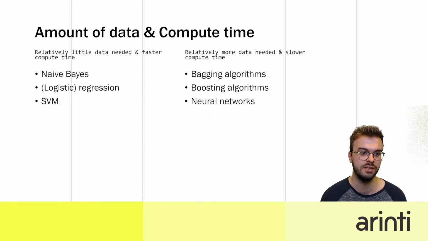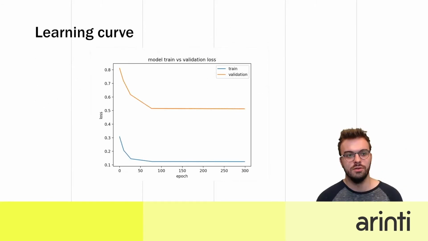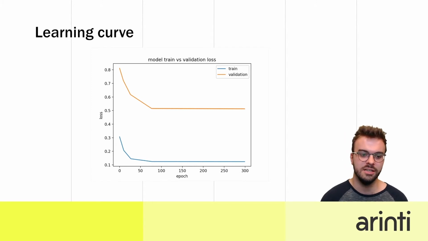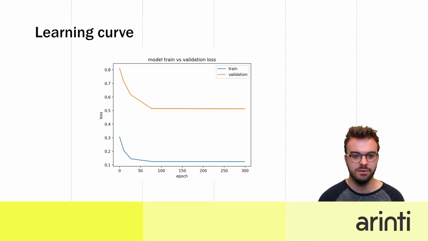models that work fairly well with relatively little data, it's always a good idea to fit a learning curve. Usually this is done in the context of deep learning, where you look at your train loss and your validation loss over your epochs, but you can also do this with any kind of machine learning model, and then on the x-axis you would have the amount of training data that you would need to achieve convergence.